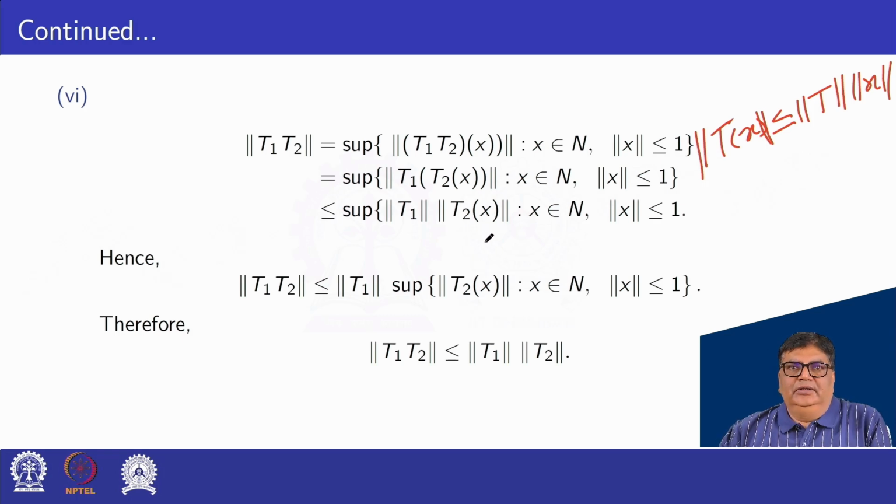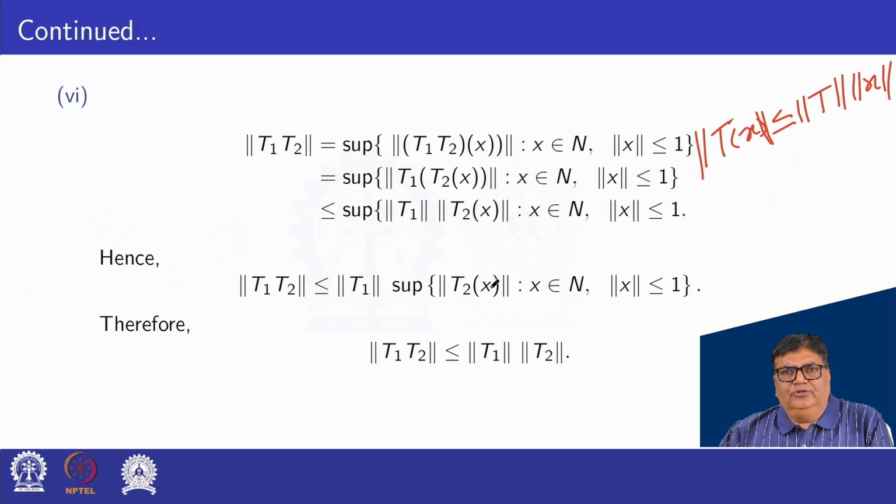This norm T1 is free from x, that is constant, so we can take it out of the supremum. Norm T1T2 is less or equal to norm T1 times the supremum of norm T2x, such that x belonging to N, norm x less or equal to 1.